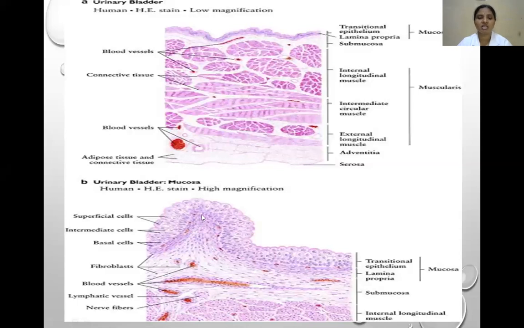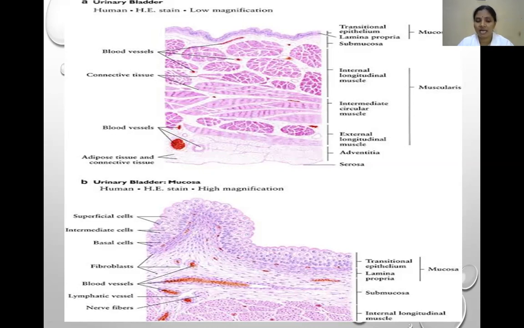In distension, there is no damage at all. So without damage to this epithelium, the mucosa, the urinary bladder can expand. In the internal structure, cytoplasmic filaments are arranged on the top of every surface cell.